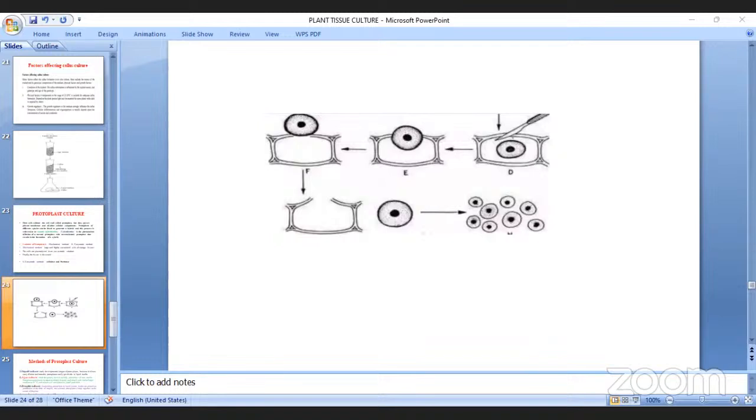How many layers? Simple, 3 layers. First one, the middle layer, on either side. Let me change the color. Blue color, primary layer. When it is matured, a secondary layer is also present.